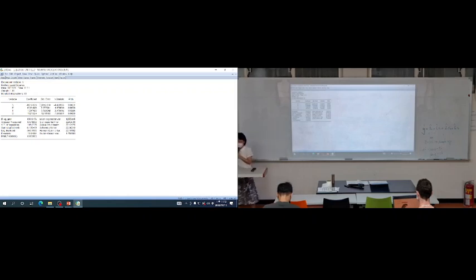All right, and how does the data fit? Any information from this output? We can see the R square.